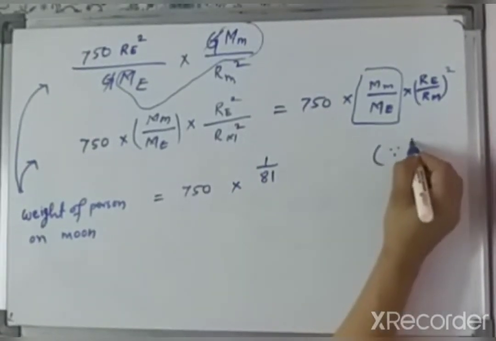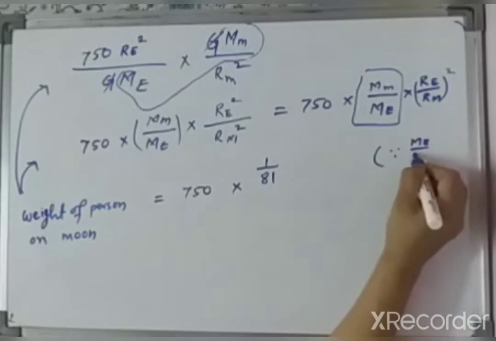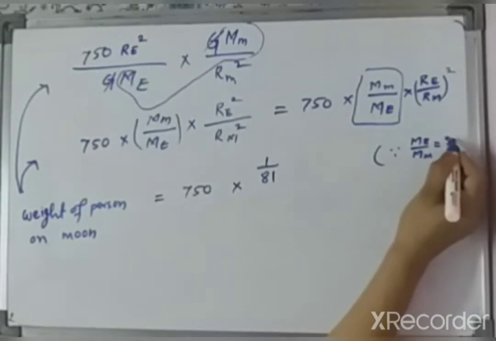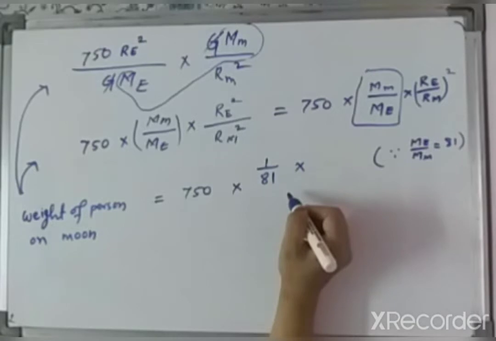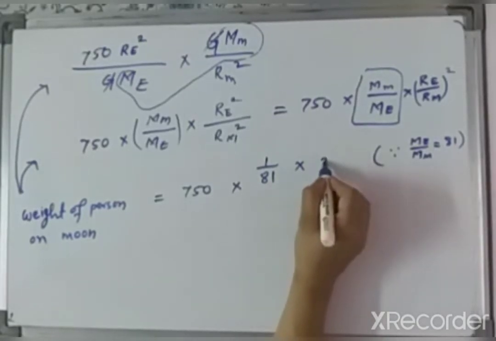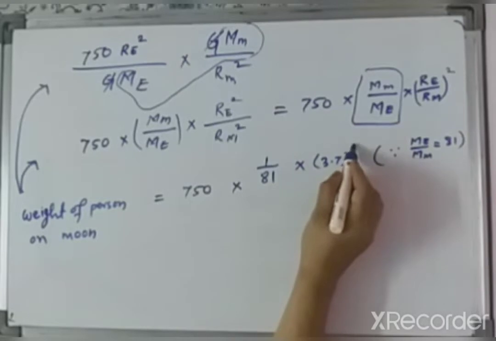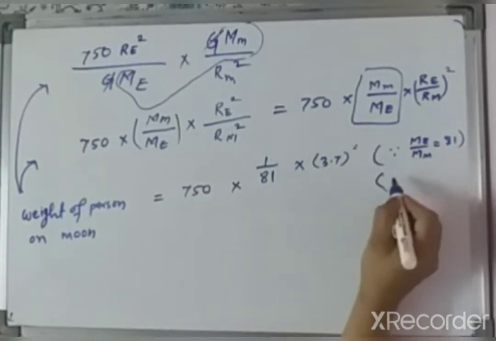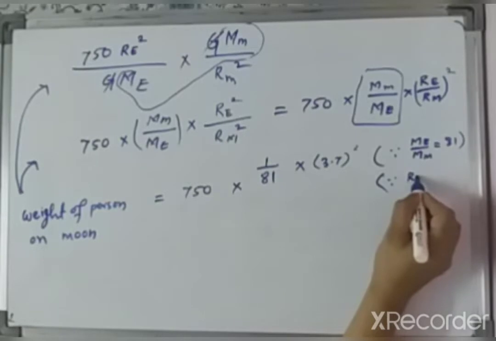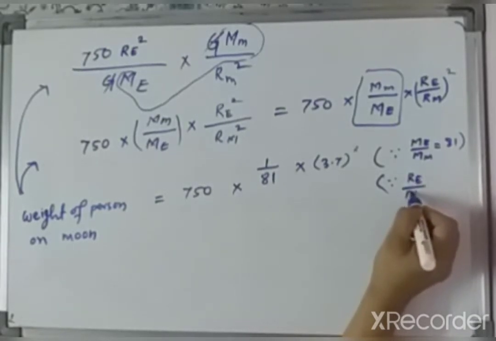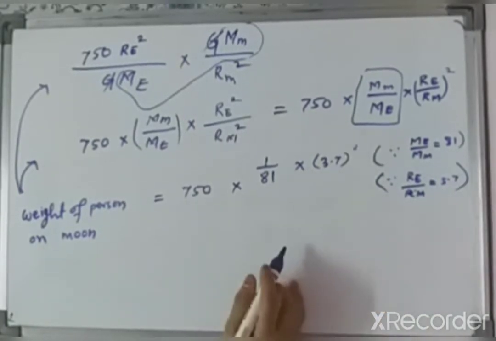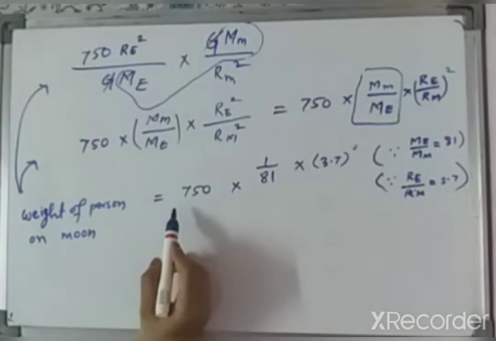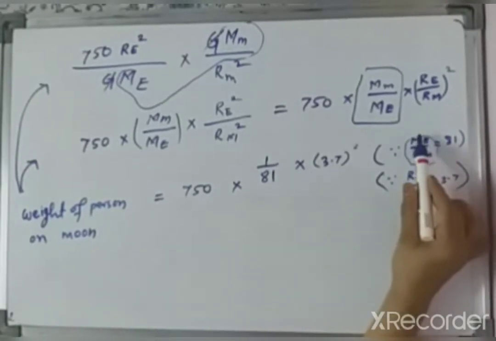Since we have mass of earth to mass of moon equal to 81, multiplied by the ratio of radius of earth and radius of moon. This we already have as 3.7, bracket square. This is also given in the previous step. Here this got inversed.